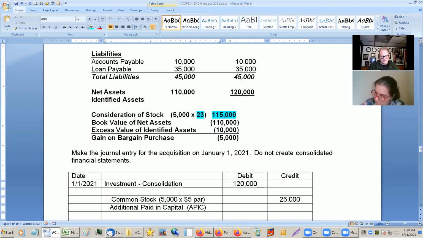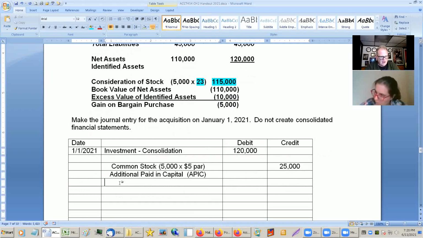Additional paid in capital. What we'll do before, you think with 115 minus the 25. What is that? 90? It's 90,000. But anyway, you could also do it the 23 minus that number par equals $15.